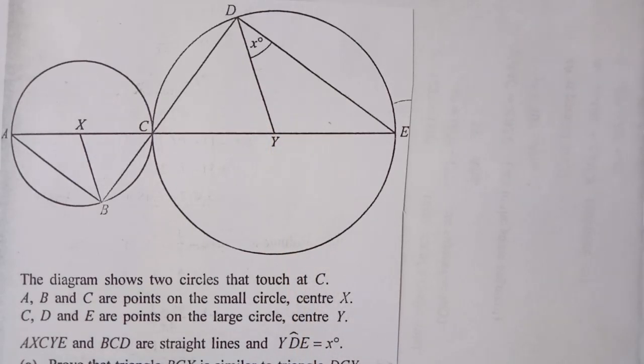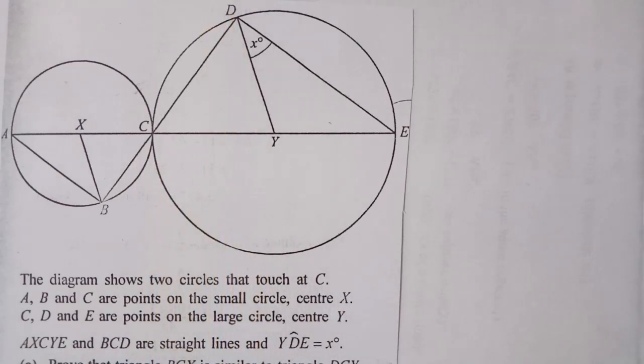In this smaller circle, the angle BCX is equal to the angle CBX because of the isosceles triangle. And in the bigger circle, the angle DCY is equal to the angle YDC. So the angle CBX is equal to the angle CDY.